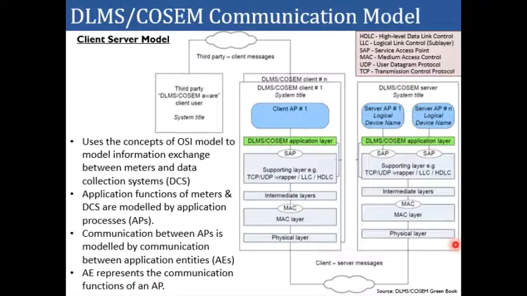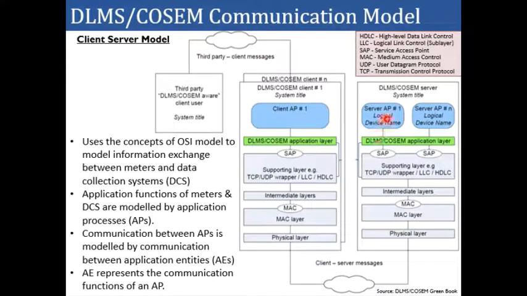If you see in this figure, this is the DLMS COSEM server system. This is part of your smart meter, where you see various application processes initiated by various logical devices. Logical devices are nothing but virtual components of the physical devices. Here it can be voltage measurement or current measurement, which are nothing but the virtual part of your voltage and current sensor.